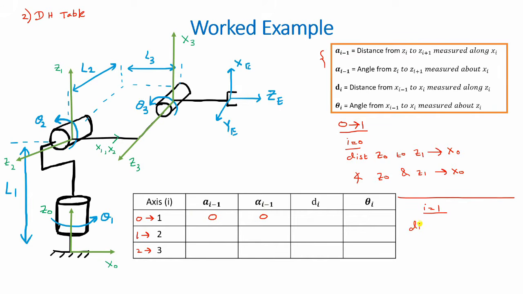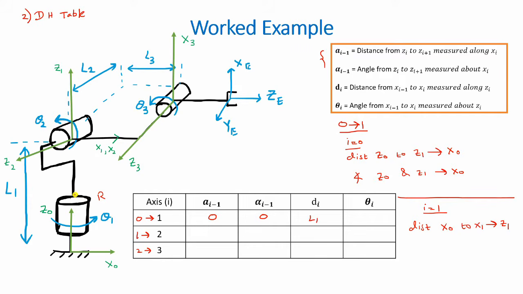Then the distance between x0 to x1 along z1. So the distance from x0 to x1 in the z1 direction would be L1. Now this value would usually exist if it was a prismatic joint, but in this case it's a revolute joint.